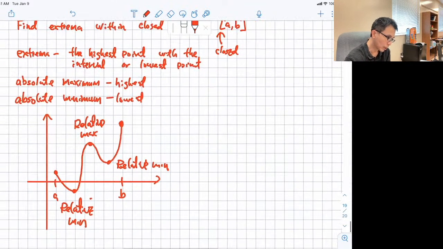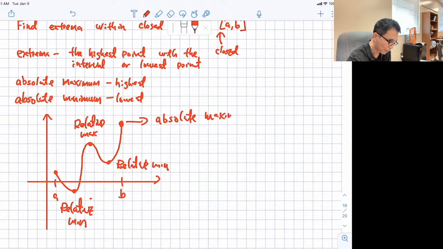Now, there was an endpoint here and an endpoint there. What if that endpoint is higher than the relative max? Then this point is called an absolute maximum. Although it's not going up or going down, here we just care about what is highest.